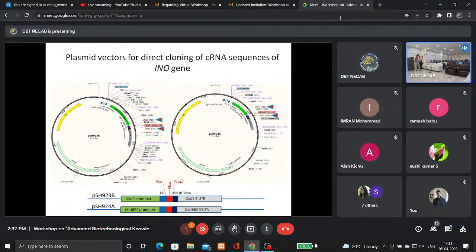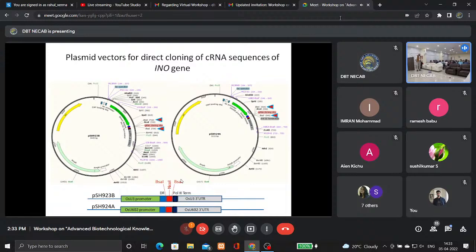One of the vector systems which we are using is based on the Golden Gate cloning system, where we are not using a normal restriction enzyme but a type IIS restriction enzyme like BsaI. I will come to that point. This is one vector system, pSH923B. This is the guide RNA cloning site.